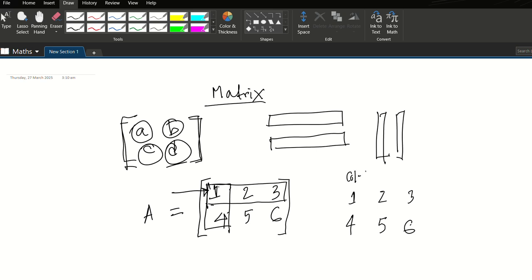So it's column number 1, 2, 3. Since we are defining this with the numerals 1, 2, and 3, I think it would be better if we define this with A, B, C.